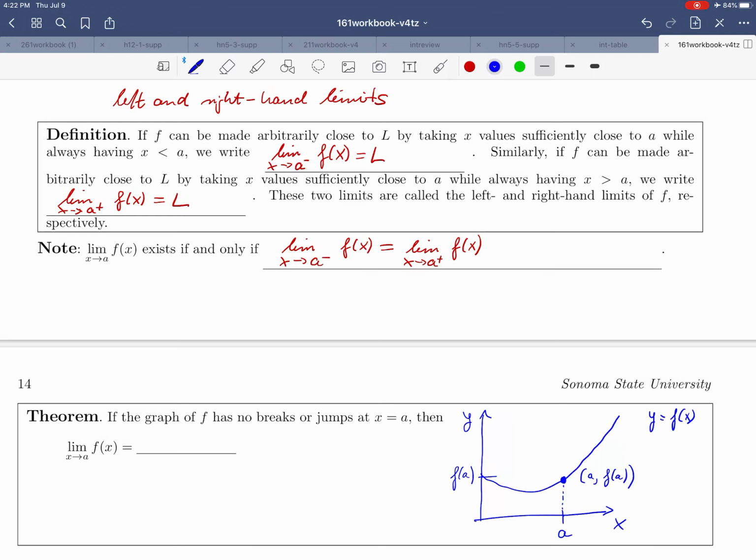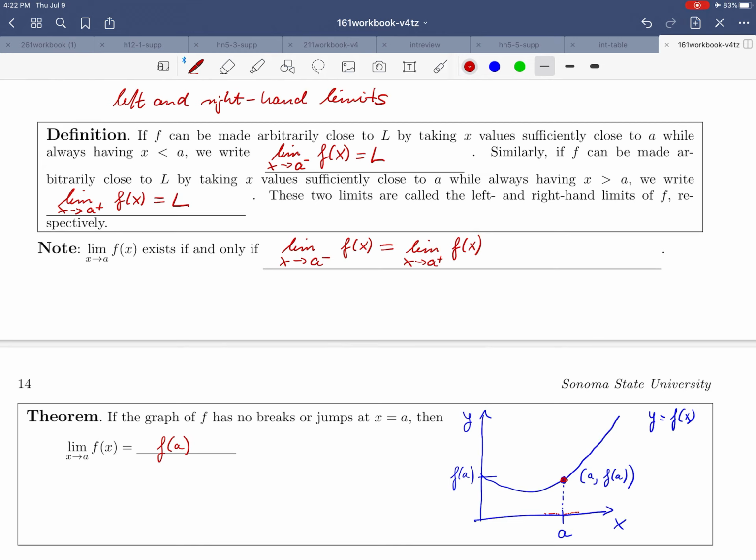And in this situation that I've drawn, the limit as x approaches a from the left or from the right is the same. And we see that it's also equal to the function value. And so in this case, we can compute the limit by simply evaluating the function at a.